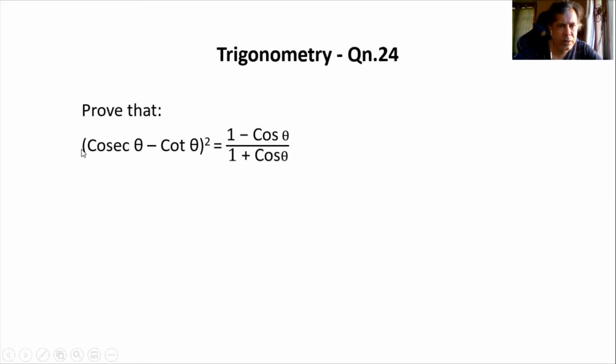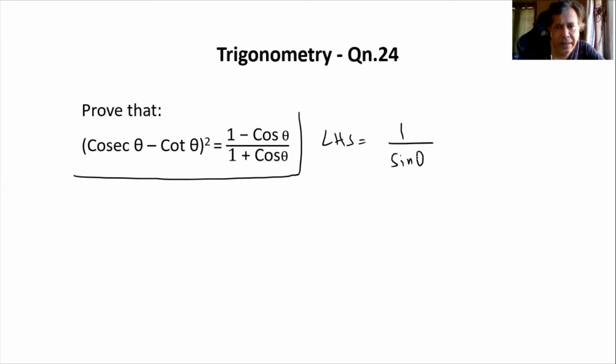To prove this, left-hand side cosecant theta minus cot theta, the whole square, should be equal to 1 minus cos theta divided by 1 plus cos theta. Okay. Let us start with the left-hand side. LHS is cosecant theta. I can write it as 1 by sine theta minus cot theta, which is nothing but cos theta by sine theta, the whole square.